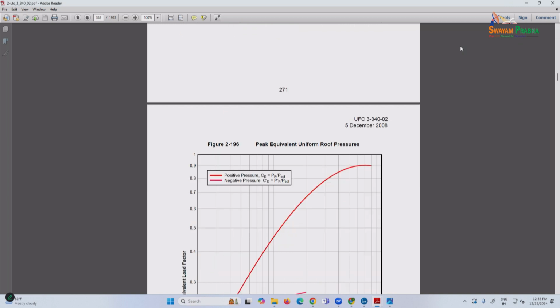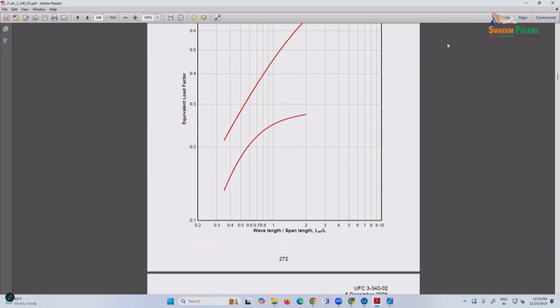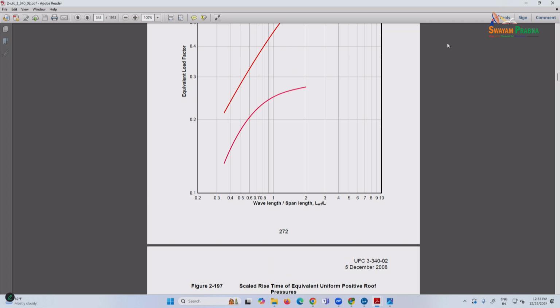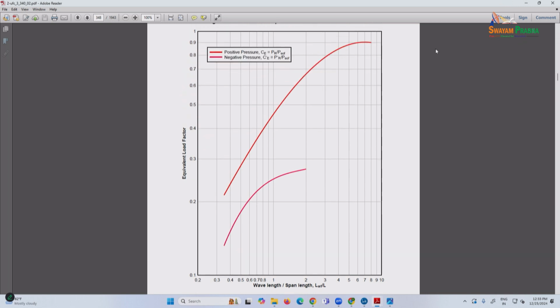So here, this is roof. So from figure 2-96, you get CE plus, and how much was LW by L? CE negative is still 0.28, and for 2.51, this leads to about 0.7475, you can say.